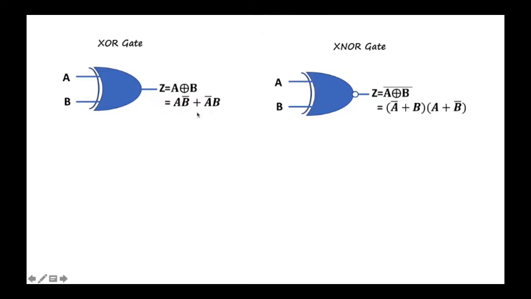So A B bar plus A bar B is the output of the XOR gate, where A and B are the inputs, and (A bar plus B) into (A plus B bar) is the output of the XNOR gate, where A and B are the two inputs.